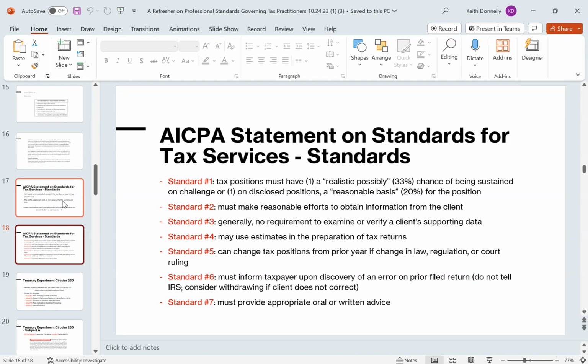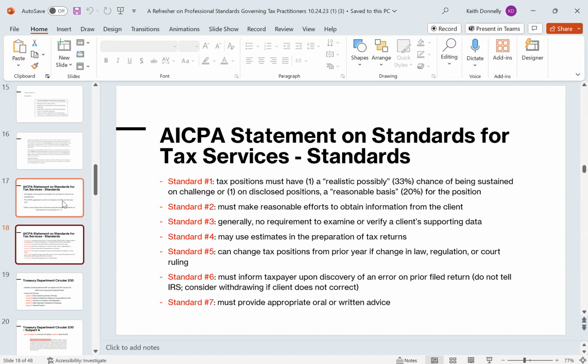A lot of times the client will just handwrite a big list of all the charitable donations, literally on a piece of paper without the receipts. You can just assume, right, that the client is acting in good faith for that. Now, there are some exceptions if you get giant charitable donations, but that's a simple example to say, hey, as a general rule, you don't have to go and verify all this stuff. You can just assume what the client gives you is good, true, and accurate information.